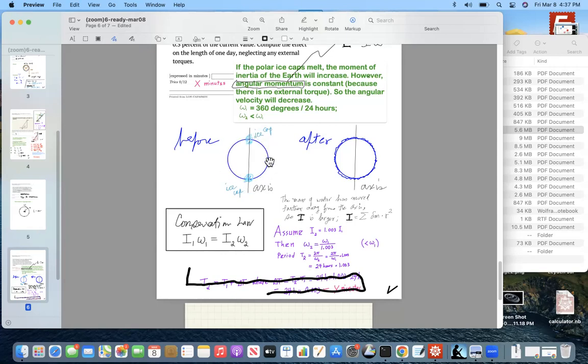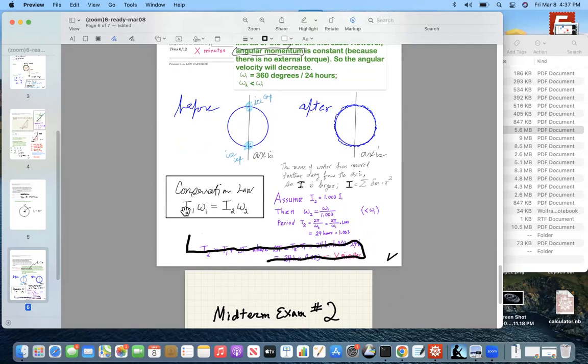It'll flow around to the outside of the Earth, and you'll have that water distributed around the outside of the Earth. You see, that moves this mass, which is close to the axis of rotation, far from the axis of rotation. So that increases the moment of inertia. Remember, moment of inertia is mass times distance squared. Well, the distance has increased as this ice moves from r equals 0 out to r on the surface of the Earth.